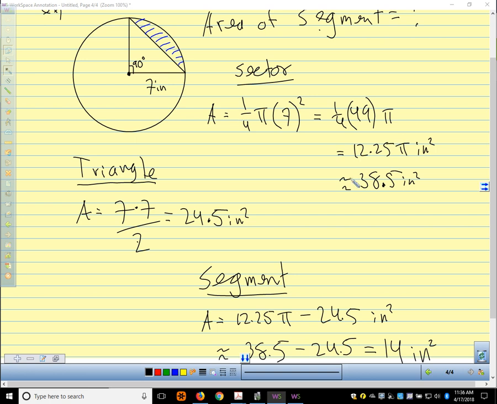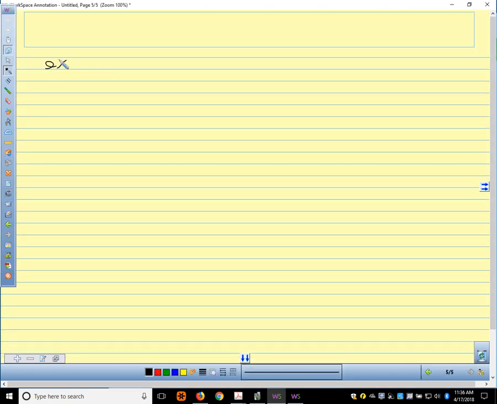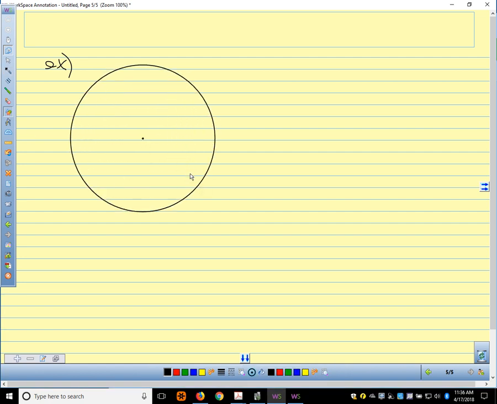All right, let's look at one more example where we get a visit from an old friend here. There's my circle. Say my radius is 6 centimeters.